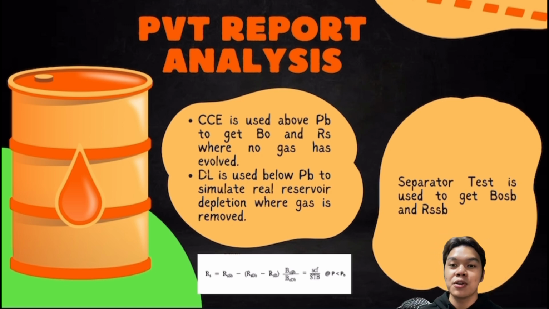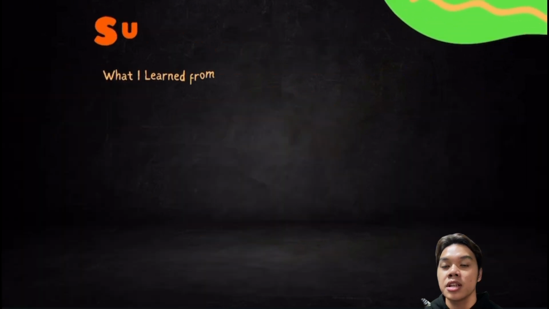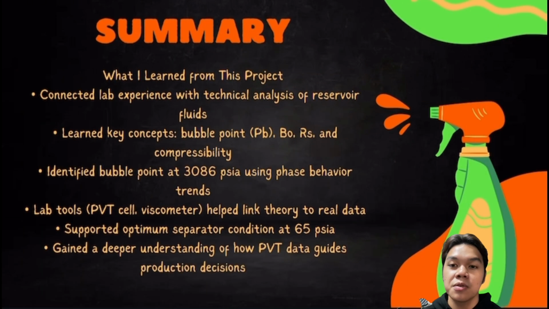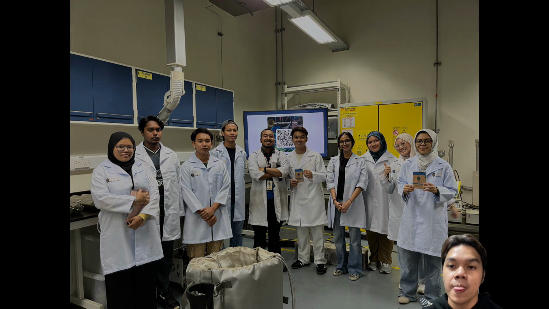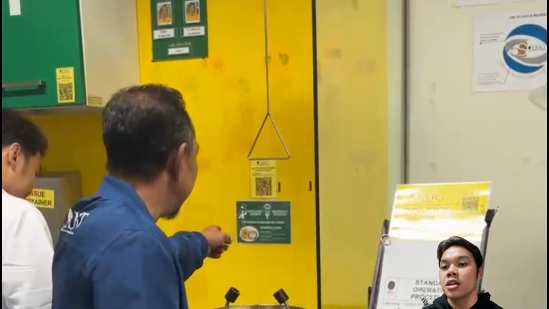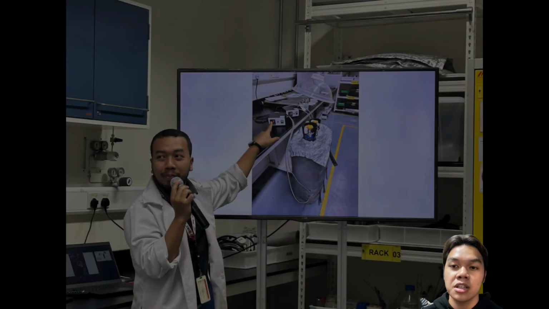So, a summary of what my friend and I have learned from this project. This project has helped us connect hands-on lab experience with technical analysis of reservoir fluids. During the PVT lab visit, I learned about key concepts like bubble point pressure, formation volume factor, and solution gas-oil ratio, all of which directly informed our report.